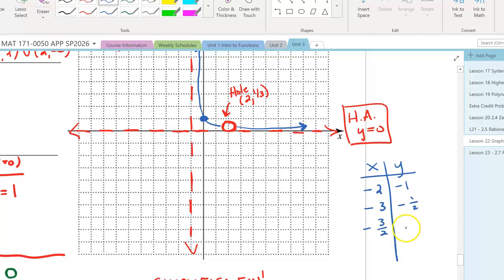And when I plugged in -3/2, I got -2. So it looks like on this side, we're going to come up here and then go down here.